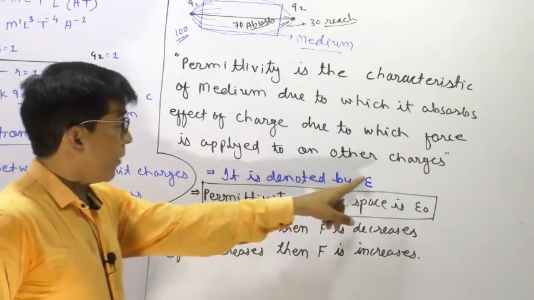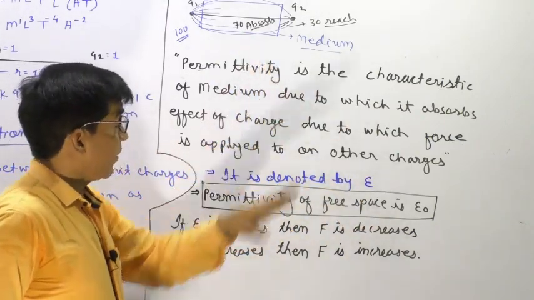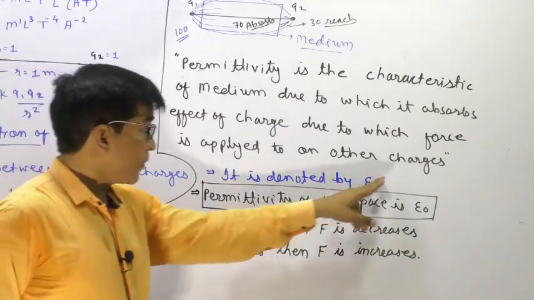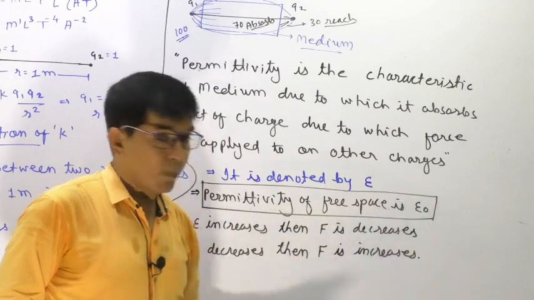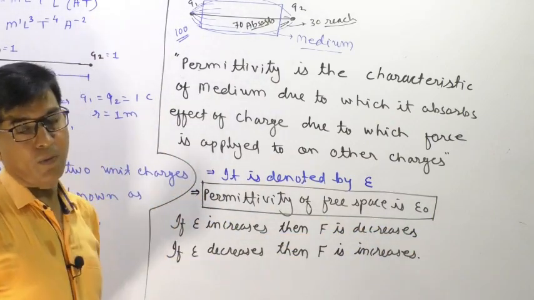It is denoted by epsilon. For this medium, permittivity would be epsilon, but for free space, permittivity is denoted by epsilon naught.